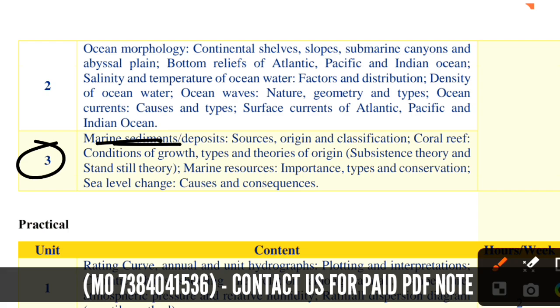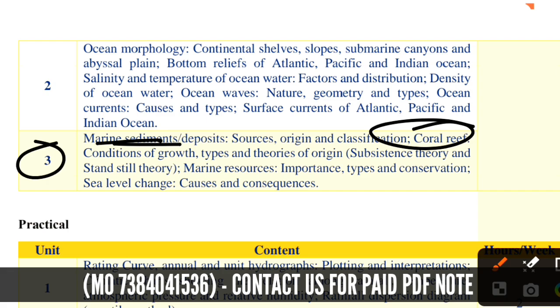The next important topic is coral reef. First you have to study the conditions of growth of coral reefs. This means you have to understand what conditions are needed for coral to grow properly.